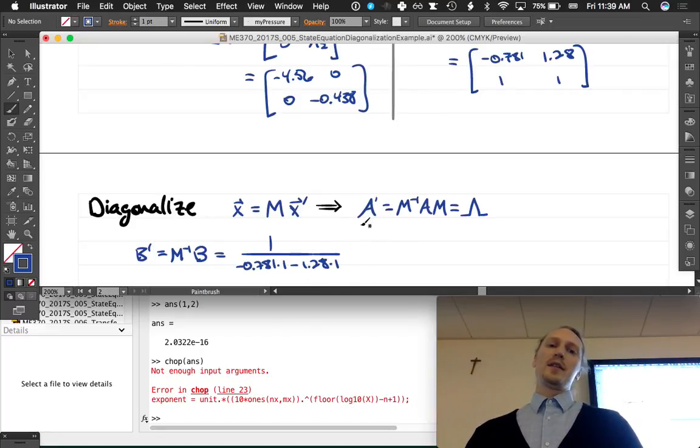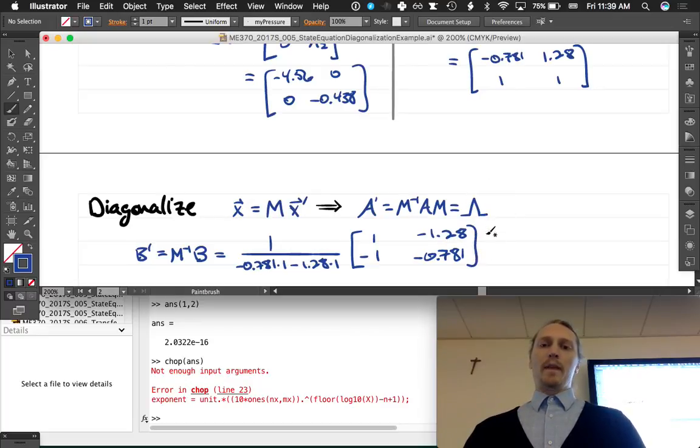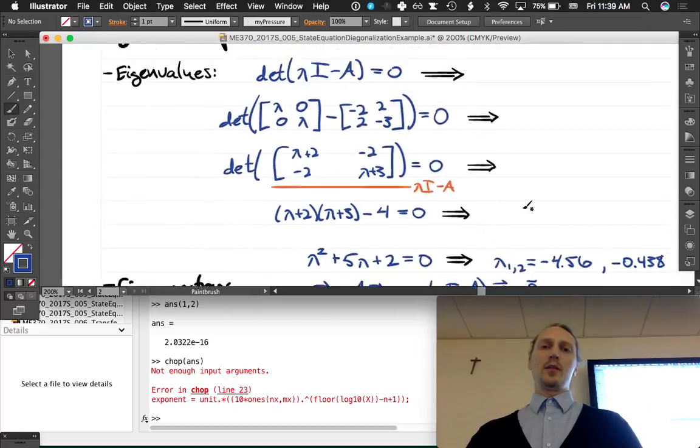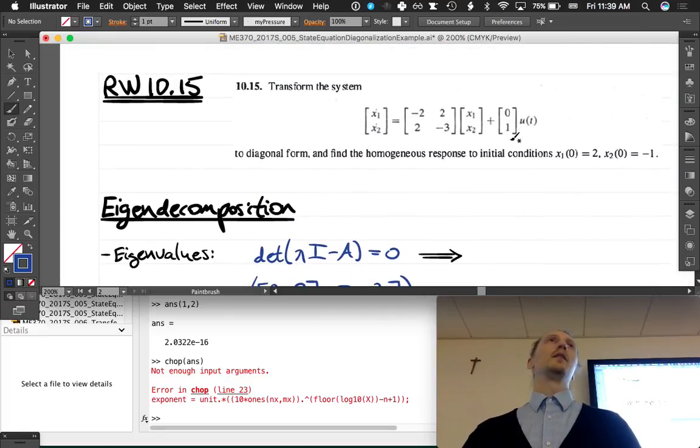So 1 divided by the determinant multiplied by the original matrix with the diagonal ones swapped, so 1 and negative 0.781, and the other two with their signs changed, so negative 1 and negative 1.28. So that's our inverse, times B, which our original B matrix was 0, 1, way up here, 0, 1.